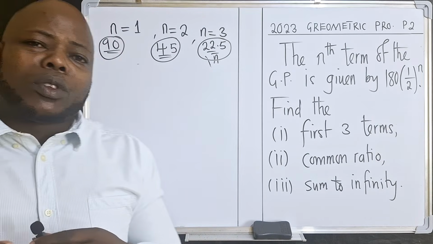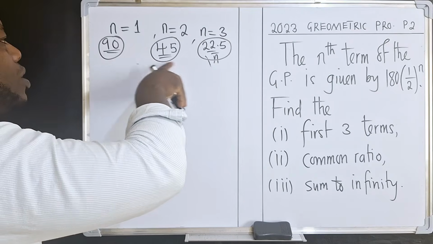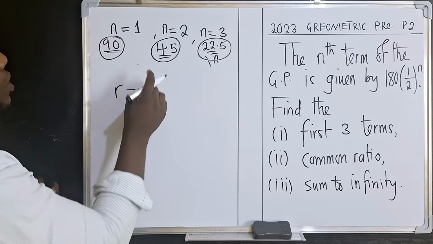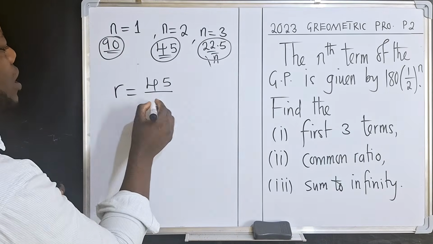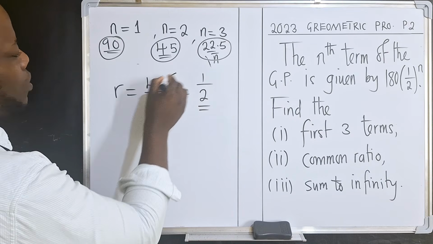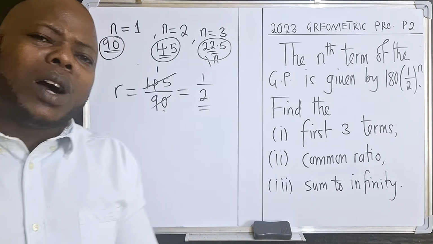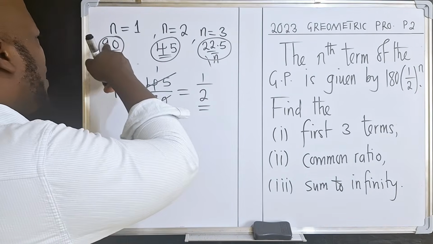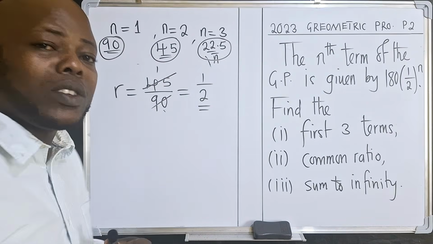For the second part, the common ratio: when you've got consecutive terms following each other, to find the common ratio, we take the number to the right over the number to the left. This gives us 1 over 2, because 45 into 45 is 1, and 45 into 90 is 2. The ratio is a number which is multiplied to each term to find the next term. 90 times 1/2 gives us 45. 45 times 1/2 is 22.5.